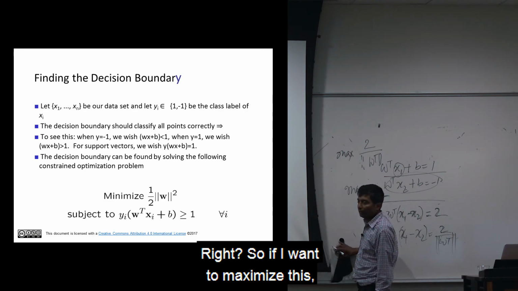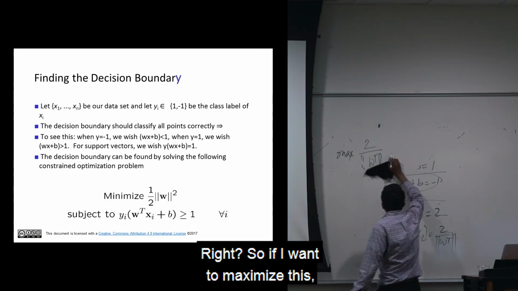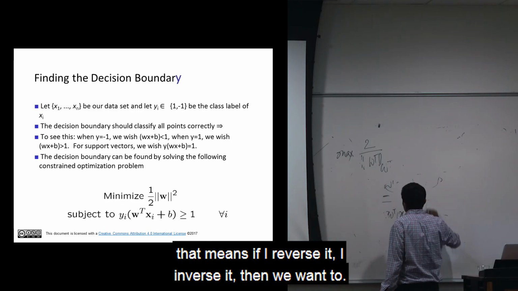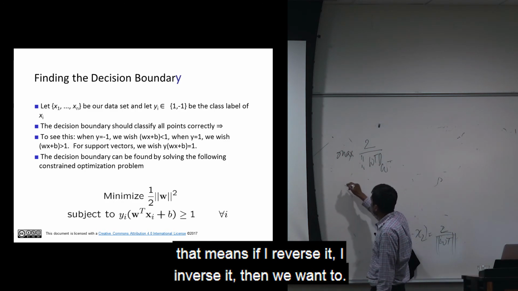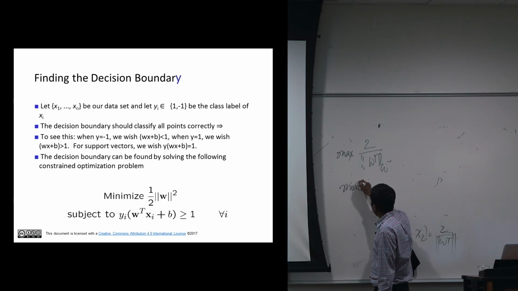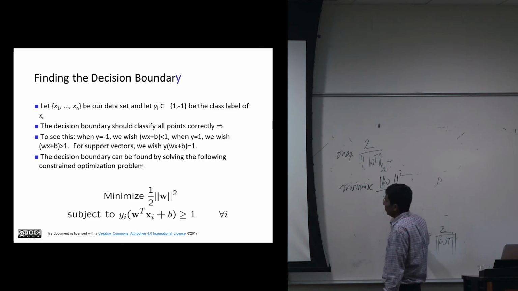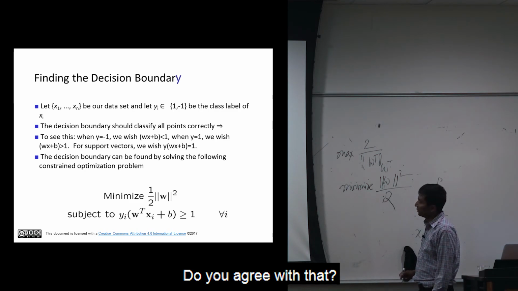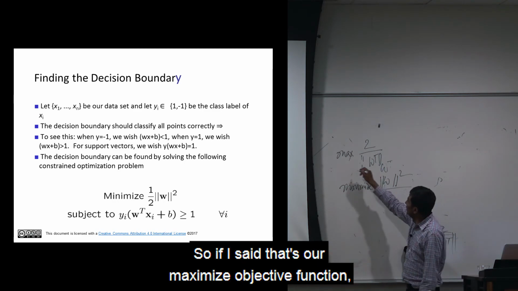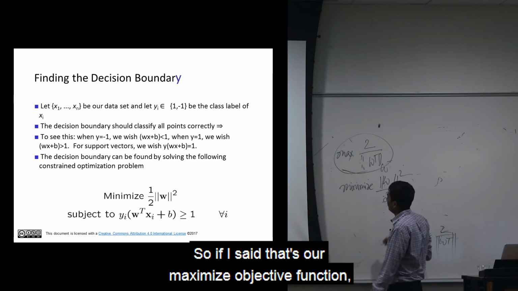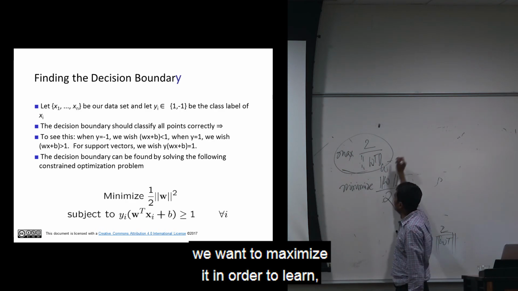So if I want to maximize this, that means if I invert it, then we want to minimize this. Do you agree with that? So that is our objective function.